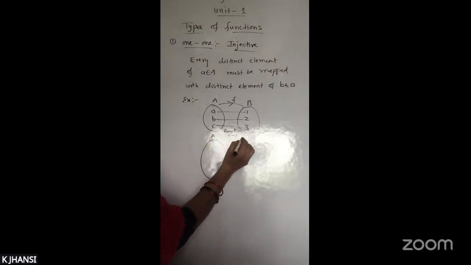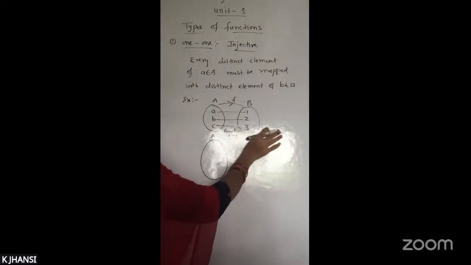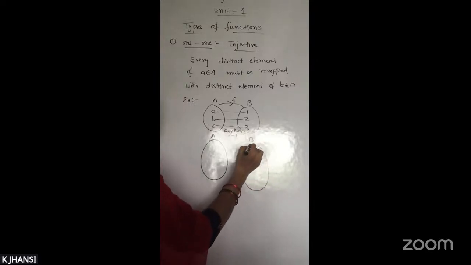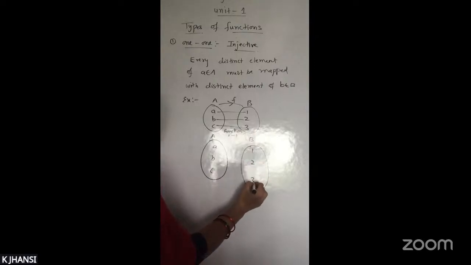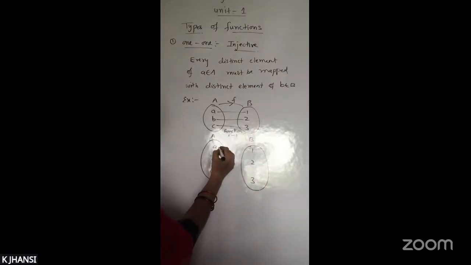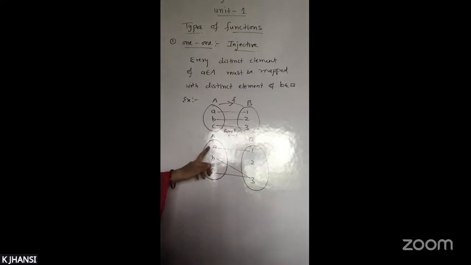If you have one more example, say A has a, b, c and B has 1, 2, 3. If you have a mapping to 1, and b and c mapping to 3, this is a function. Why?